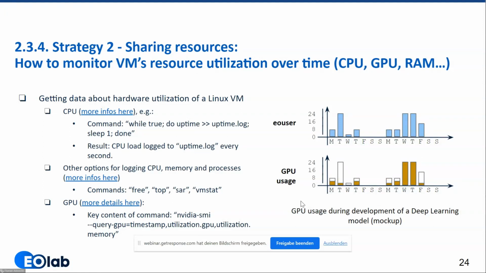So in this example here on the right, you see that in the first week, the GPU usage of the EO user was not that large, but there's this one day, the Tuesday, where the EO user was logged in for a long time. And the week afterwards, you would see 2 days where the GPU was running through, maybe testing a script or doing a deep learning model when it's mature enough.